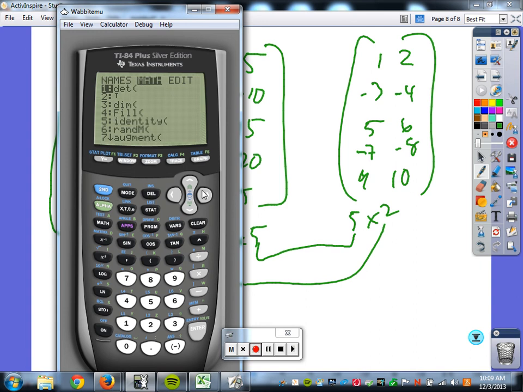I'm going to edit, and I'm going to go down into matrix B now, because I have 2 matrices I want to use, correct? How big is this guy? So I put in a 5 by 2. So I have 1, 2, -3, -4, 5, 6, -7, -8, 9, 10.